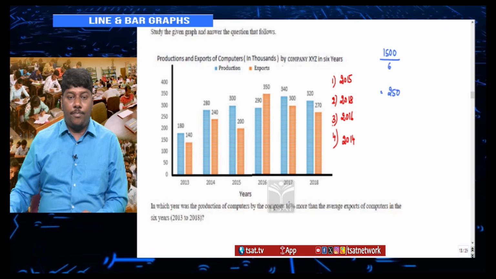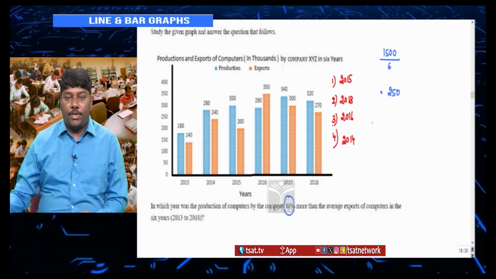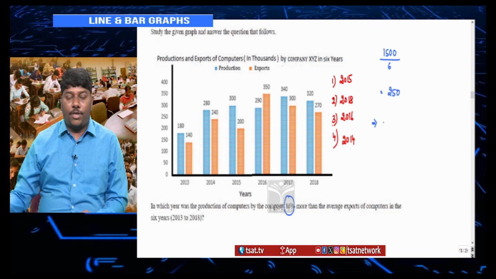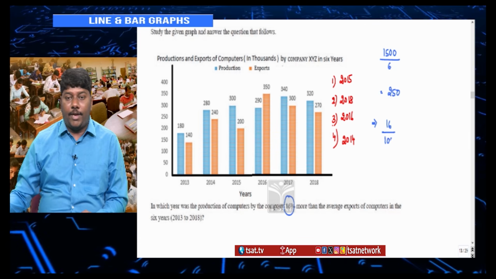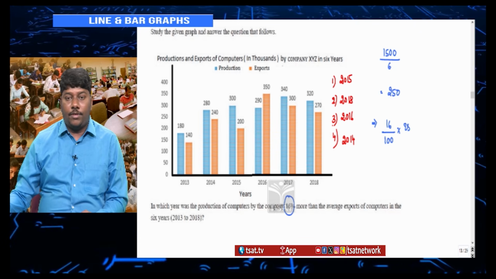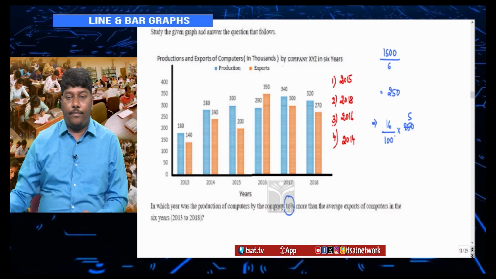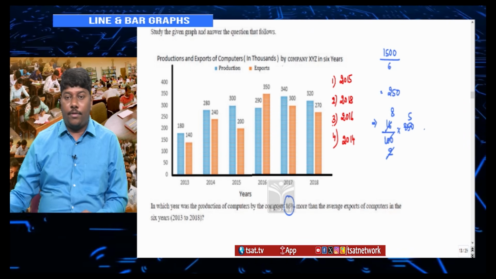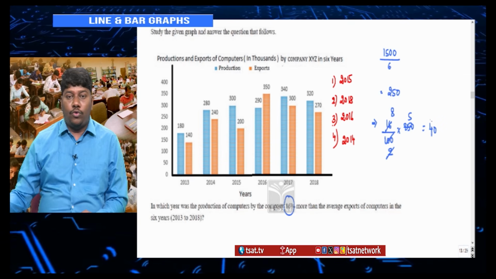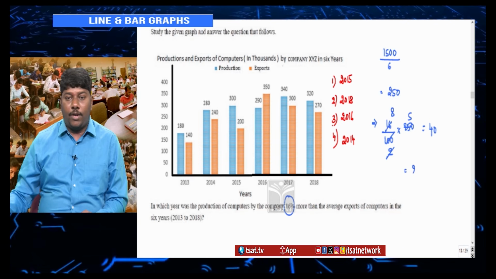And it is 16% more he is asking you. What is 16% more? What is 16% of 250? 16 by 100 into 250. 5 5s, 2 5s. Therefore, it is 40. 250 plus 40 is 290.